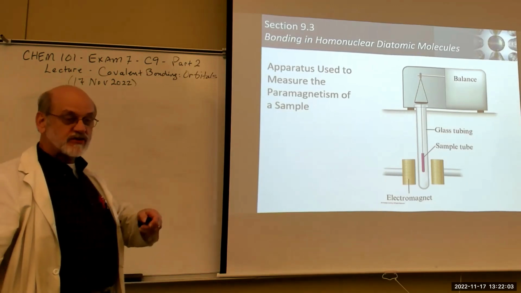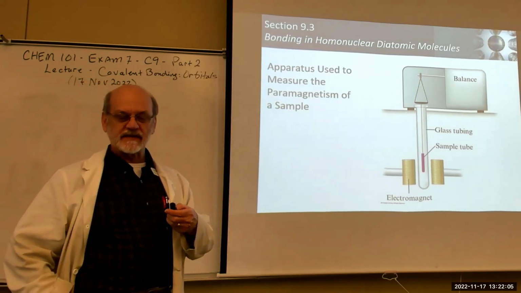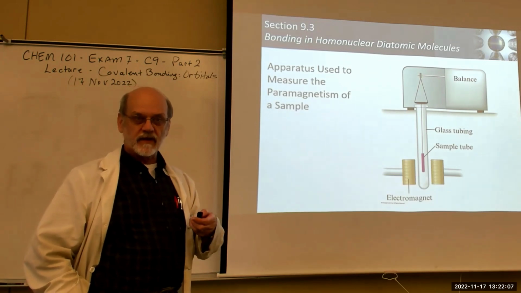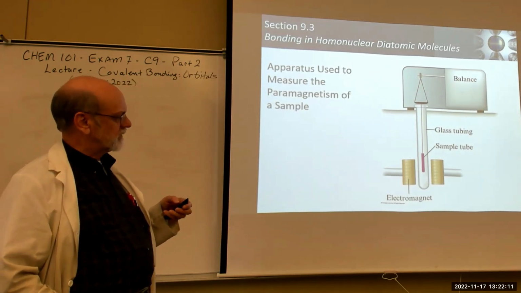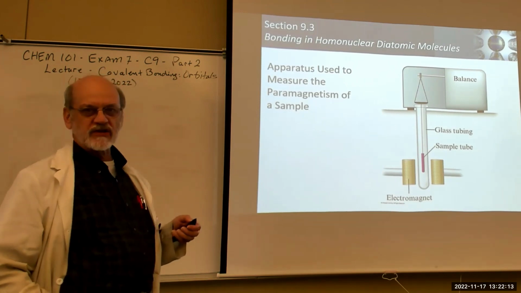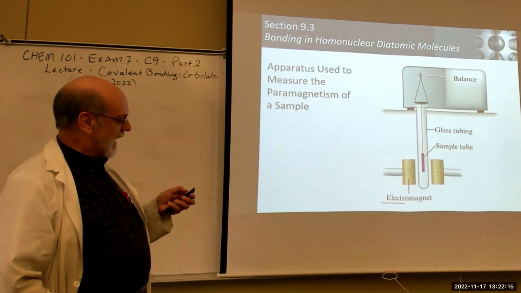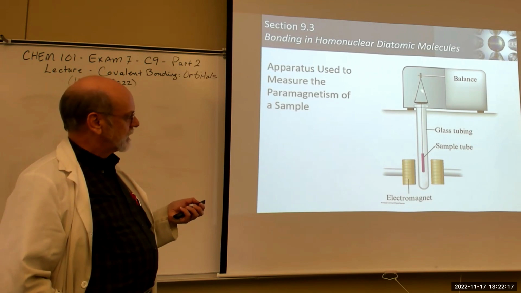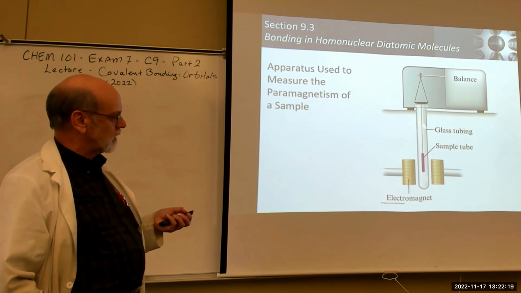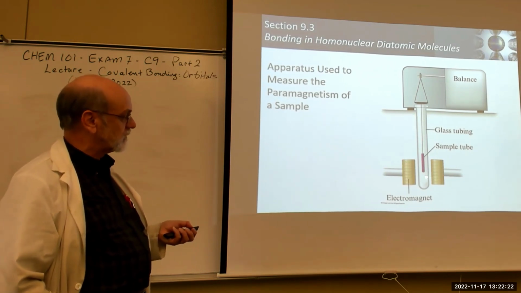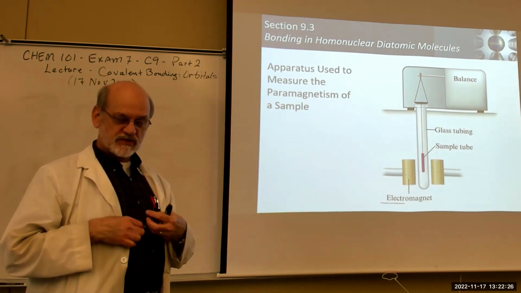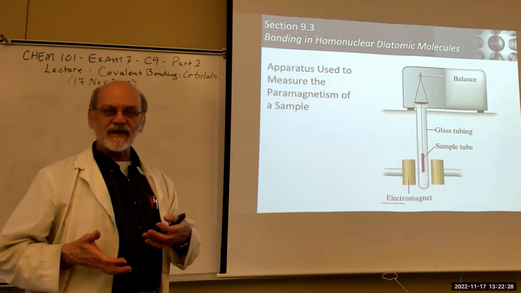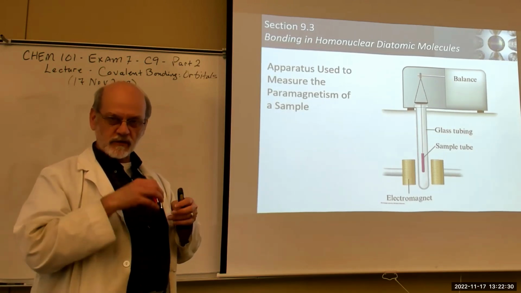We can actually measure the strength of this paramagnetism or lack thereof in molecules. We put them in a special device. This is an artist's simplification, but you have a balance that measures the force as you lower this sample into the magnetic field, and you can derive a value of force for the sample that goes into that field.